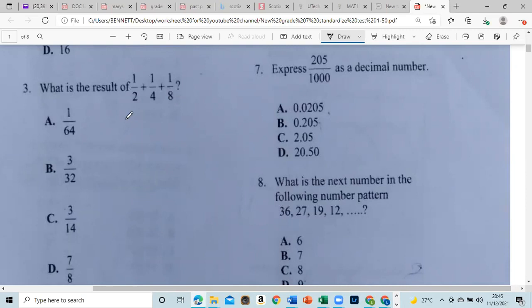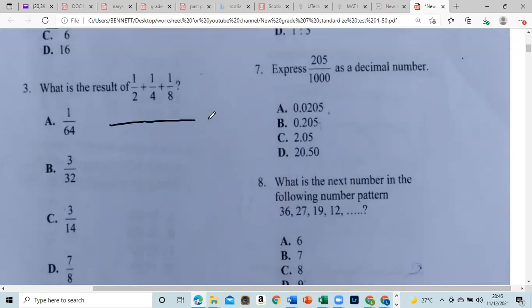Normally we use the lowest one. It doesn't necessarily have to be the lowest one, but it's best we use the lowest one. So that would be 8. 2 can go into 8 4 times, 4 into 8 2 times, 8 into itself 1 time.